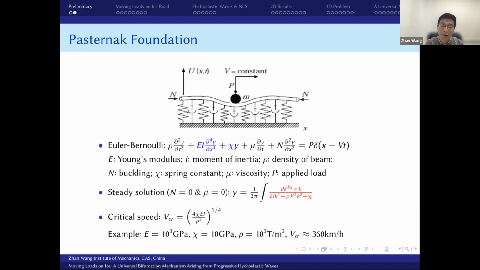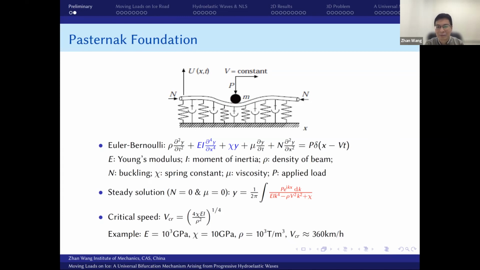The linear part is just the fourth derivative of the displacement. And you can also imagine the soil below the beam as a lot of springs, and then you can model them using Hooke's law. You can also have inertia, and you can also have viscosity and pre-stress or compression.